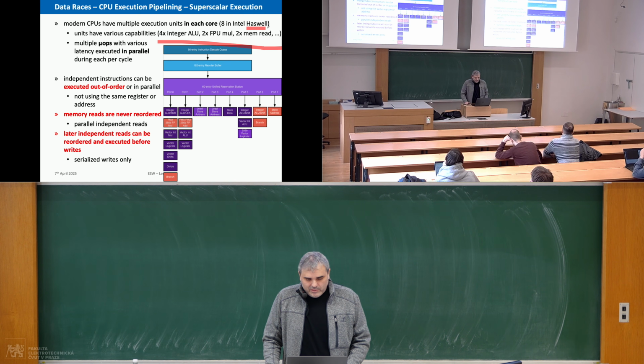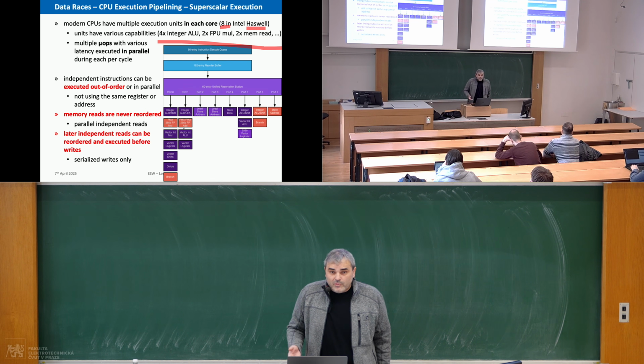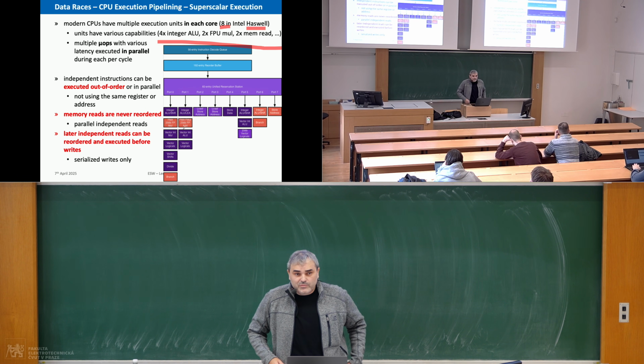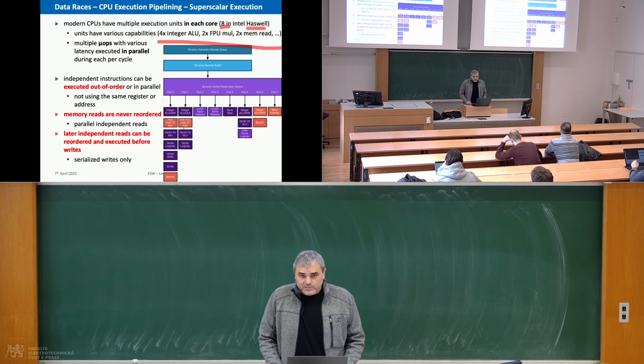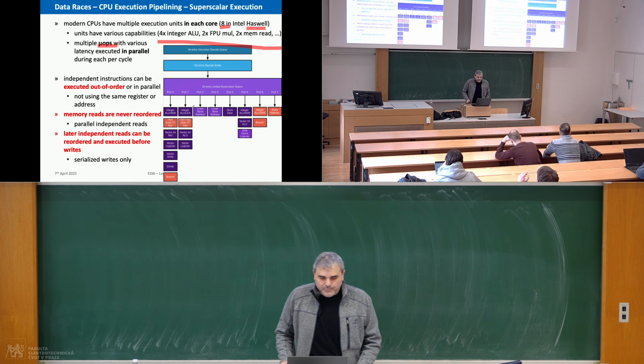In this particular Intel architecture, there are specifically 8 execution units which can perform operations in the same clock cycle. Because Intel and AMD CPUs are CISC architectures, with a complex instruction set, those complex instructions are first translated into micro-operations, which happens here initially, and then those micro-operations are executed internally, like multiplication, memory read, memory write, logical operation, shifting, etc.